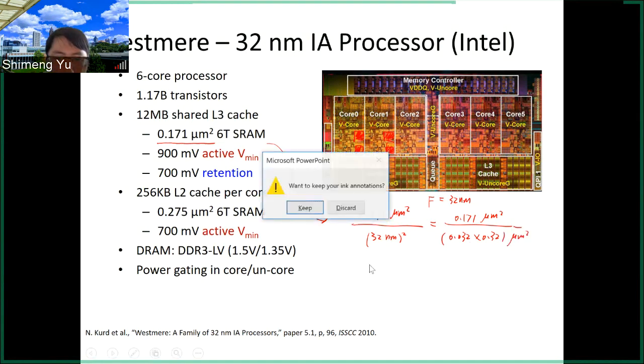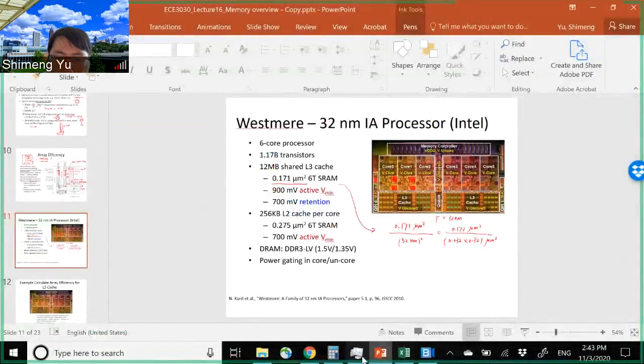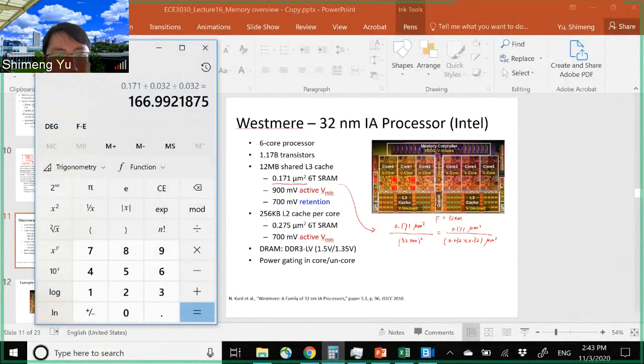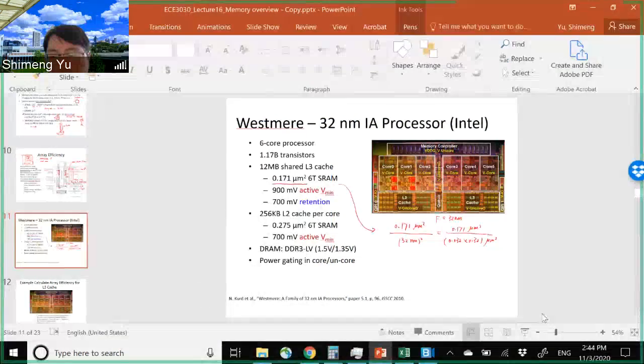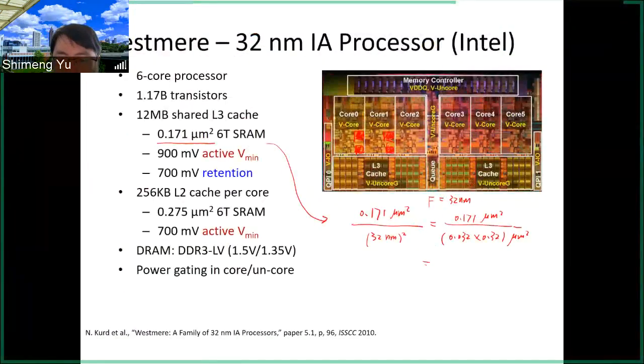So if you do this, 0.171 divided by 0.032 and then 0.032 again, you get 167. So this is 167 F squared.